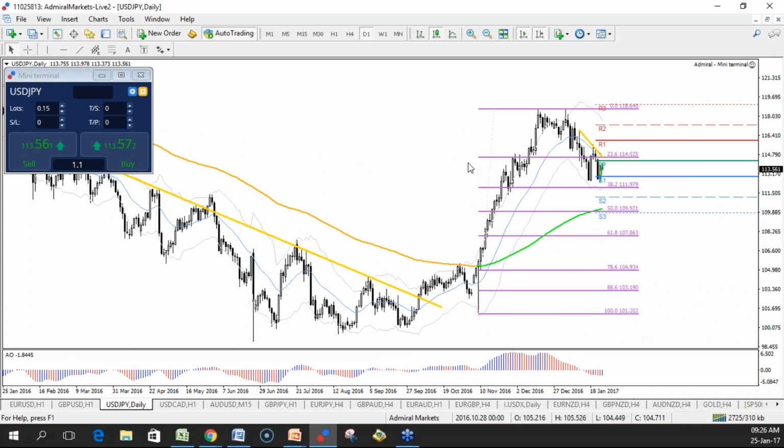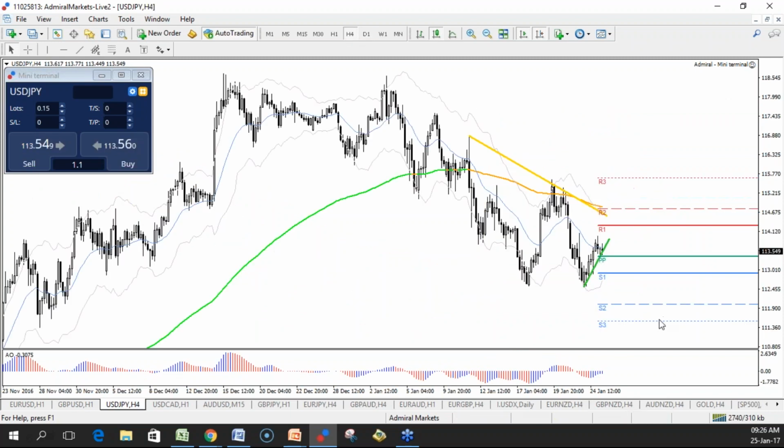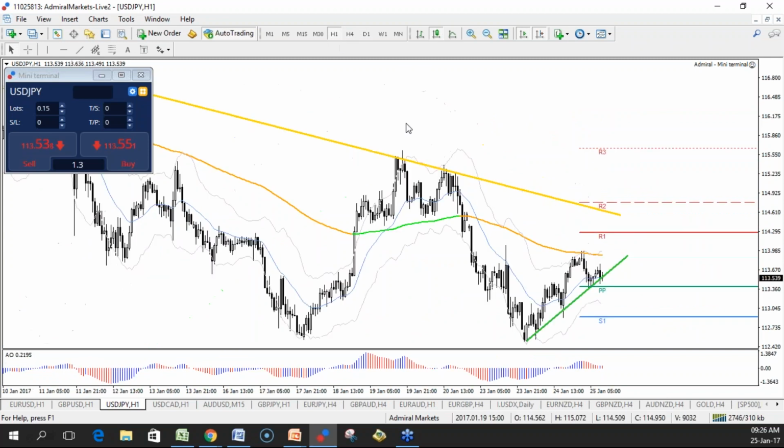This is a daily chart, and you can see basically the price is respecting this. This is a strong momentum, and we're seeing a choppy reaction. So I'm expecting price to respect the 38.2 fib. So that's the main target for any potential downside of the dollar yen.